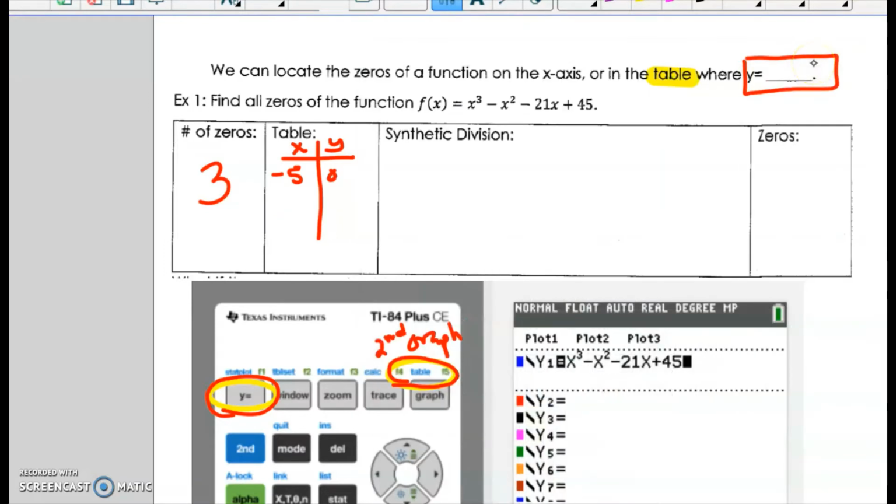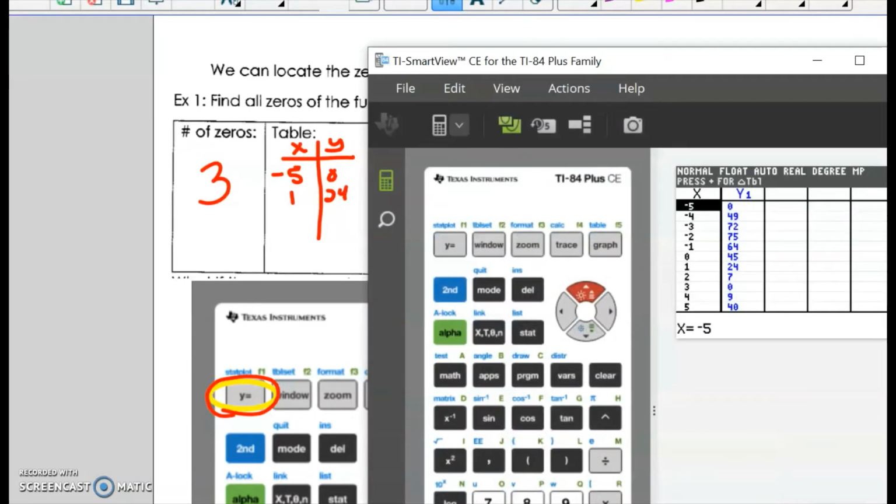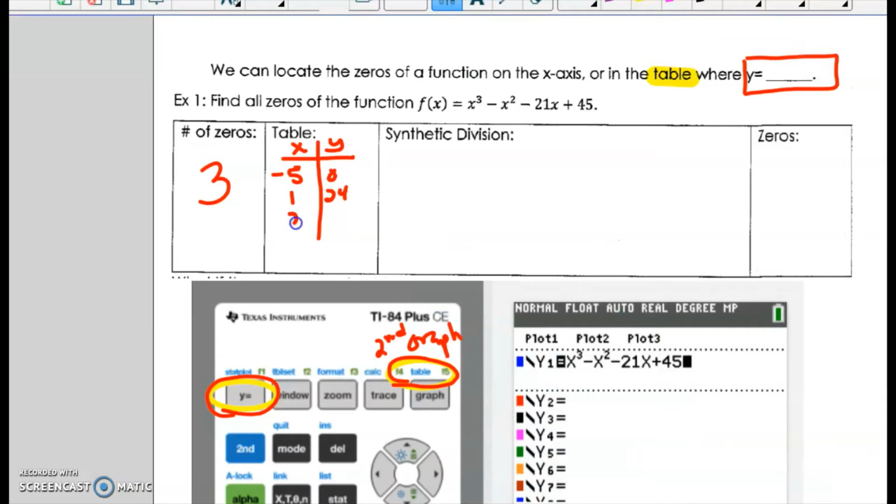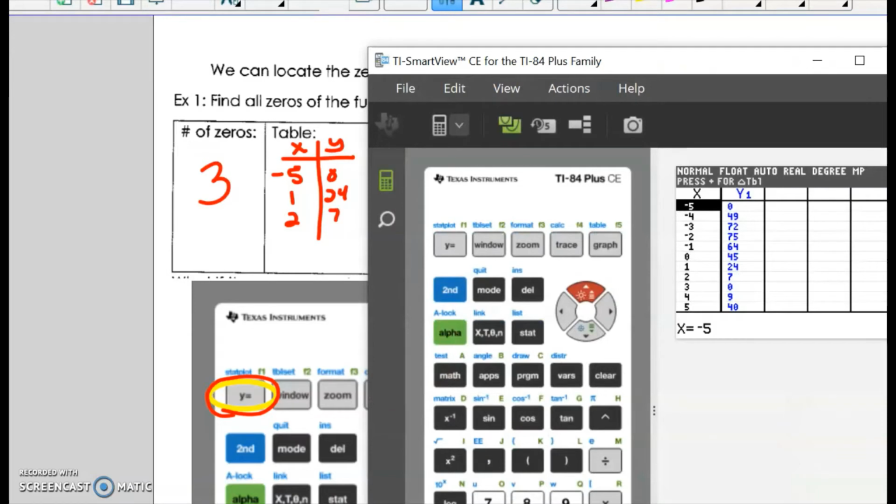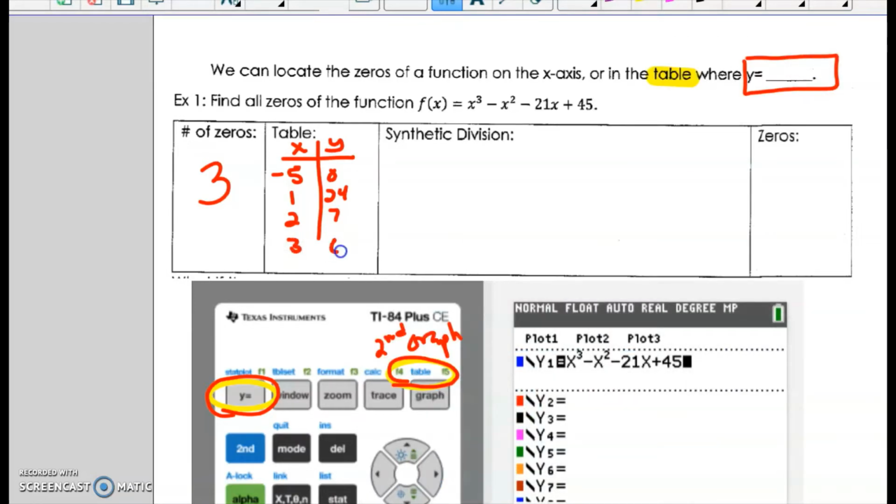I'm going to put 2, 7 and 3, 0. All right. So what the calculator has done is this showed us 2 of the 3 zeros for this problem. Negative 5 and positive 3 are 2 of the answers.